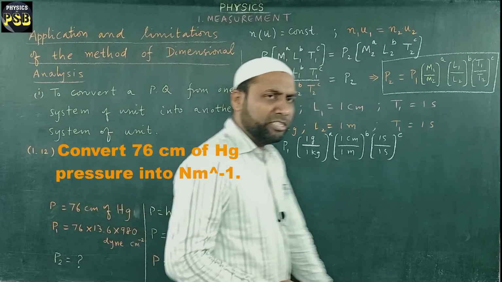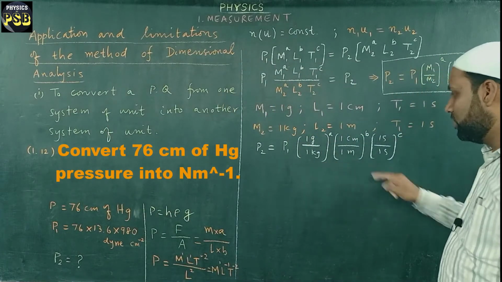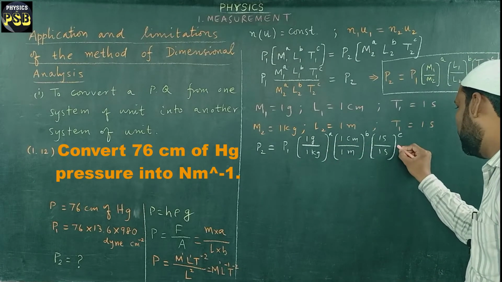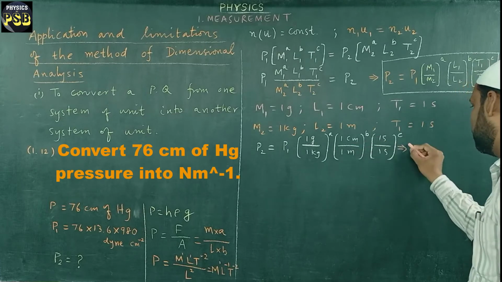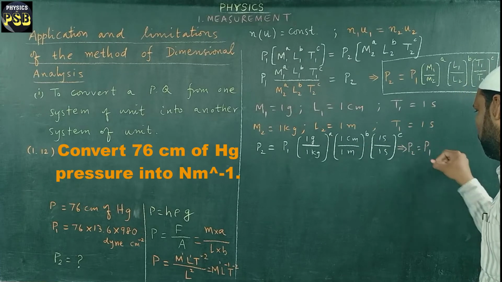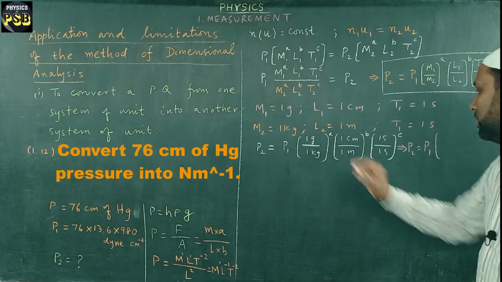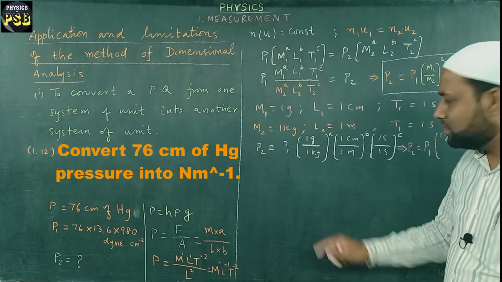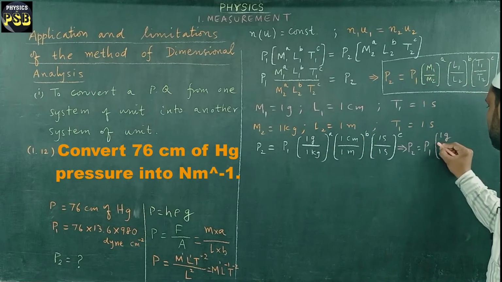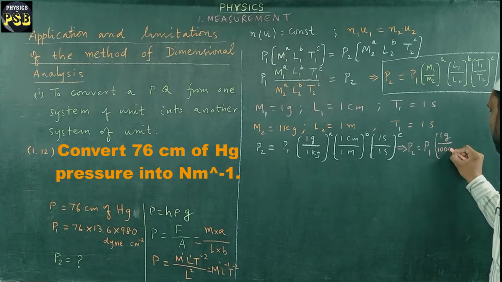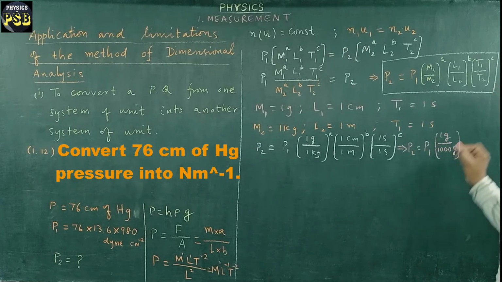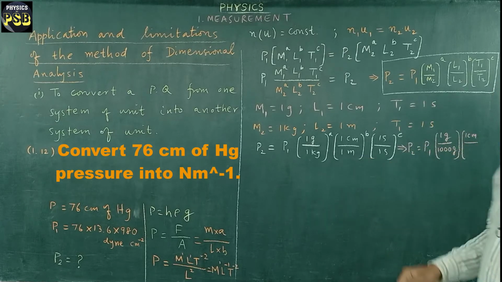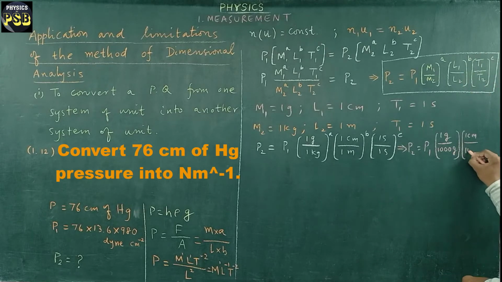Now I make certain changes to this part of the equation. See what I do. I am going to write it like this: P2 is equal to P1 into, 1 gram is kept as such, and below we know there are 1000 grams in 1 kg, so 1000 gram. Then 1 centimeter divided by 100 centimeter, as there are 100 centimeters in 1 meter.